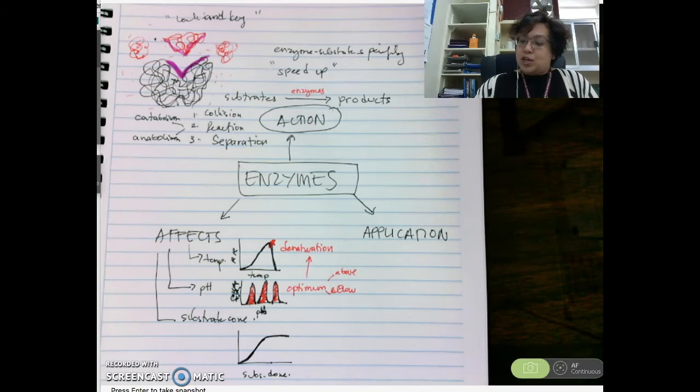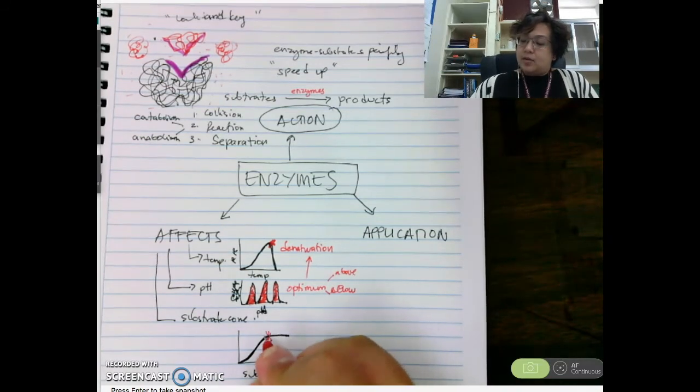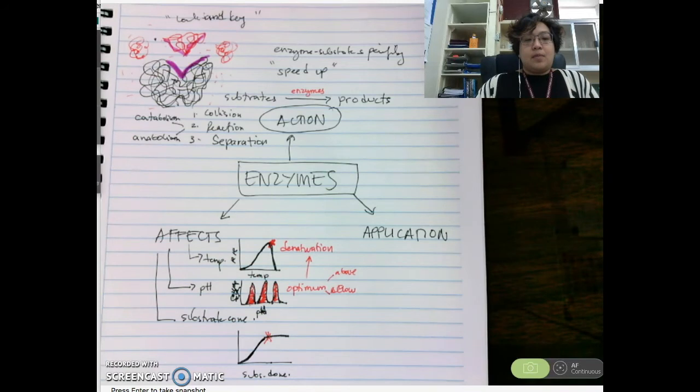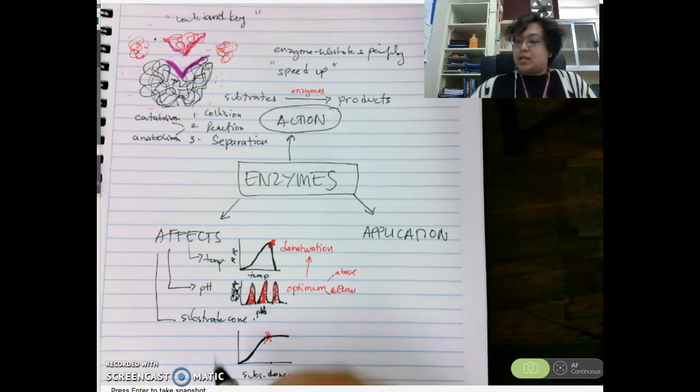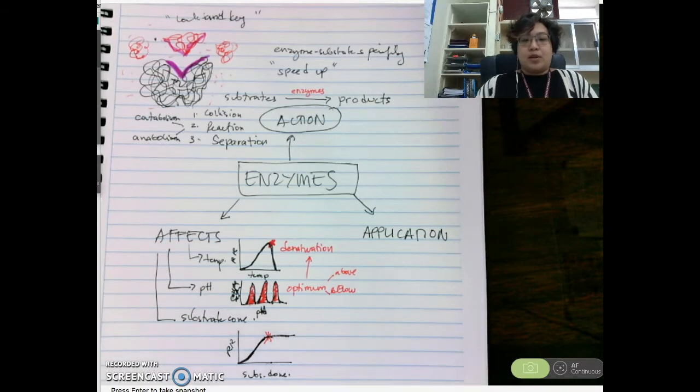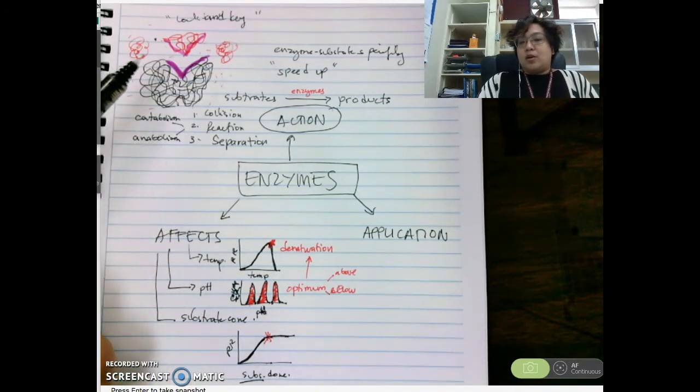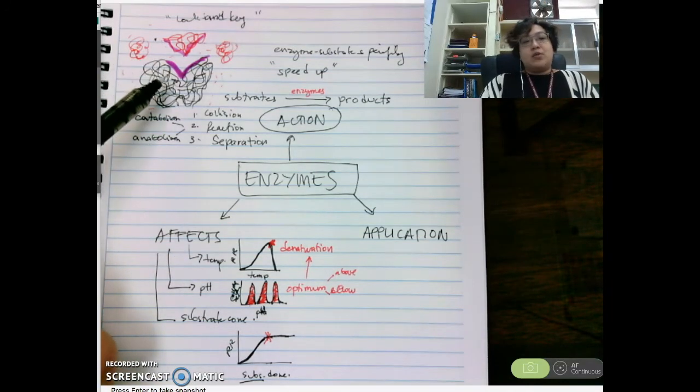So the question is, why does it level off, or why does the rate of your reaction stay the same at some point? Now what you need to know is, of course, if you increase the substrate, there's more molecules to bind with your enzymes, therefore faster chemical reaction.